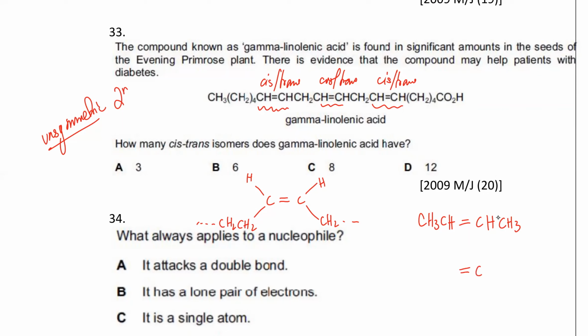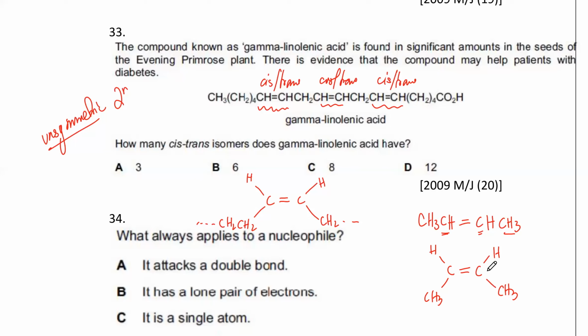The double bonded carbon atom has an H, but there's only one H. What's on the other side? On the other side, it's the CH3, right? This side as well, carbon has an H, but there's only one of them. So the other side must be different. The other side is CH3. If there had been two H's, then this should have been CH2, that's it, and there should be no carbon chain next to it. Is that clear?